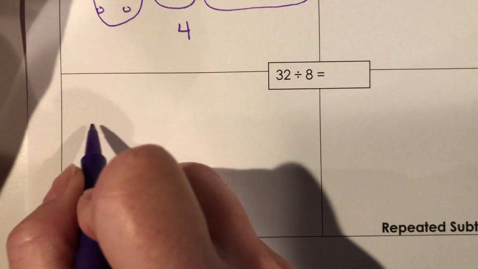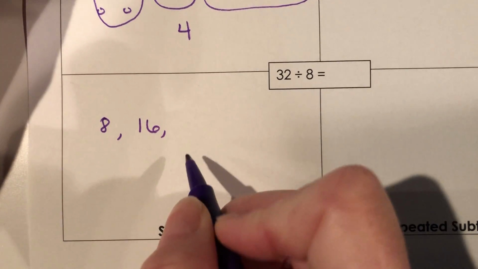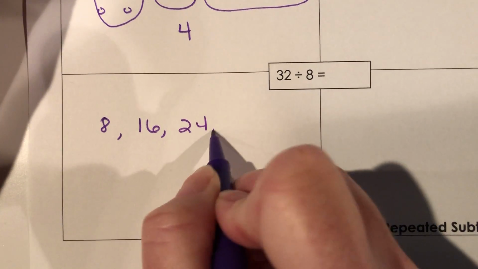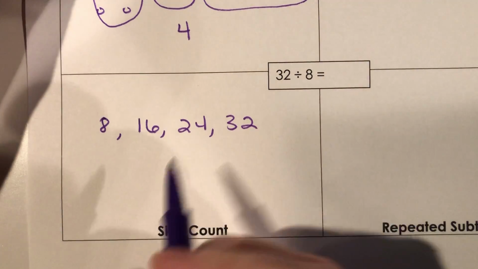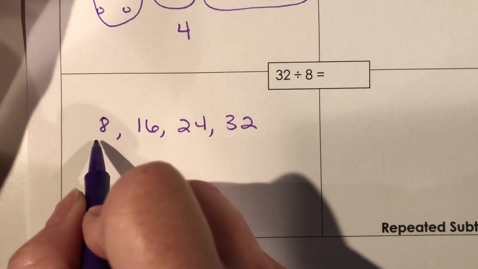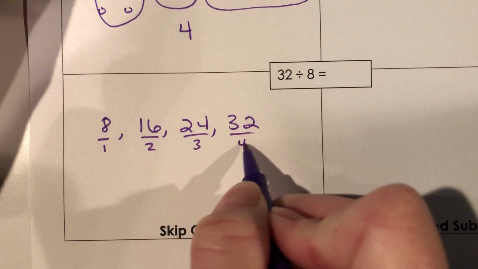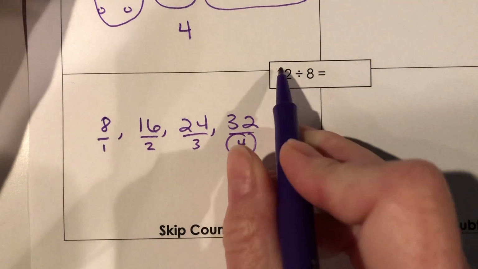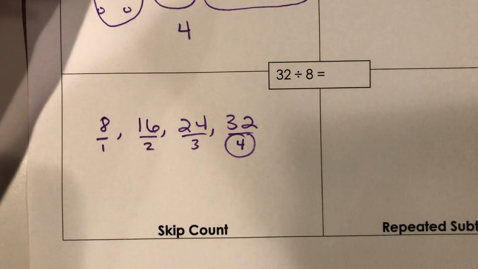So if I count by 8s, 8, and an 8 plus another 8 would be 16, plus another 8 would be 24, plus another 8 would be 32. And once you get there, we see how many times did it take? Well, there's 1, 2, 3, 4. I had to count by 8 4 times to reach 32. That means 32 divided by 8 is 4.